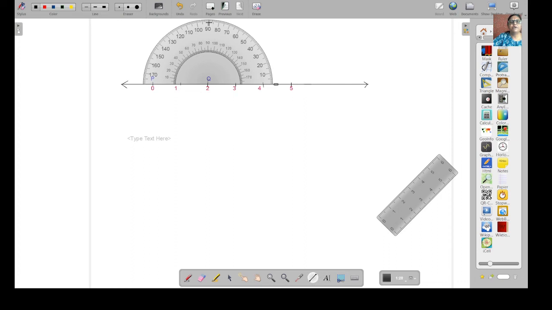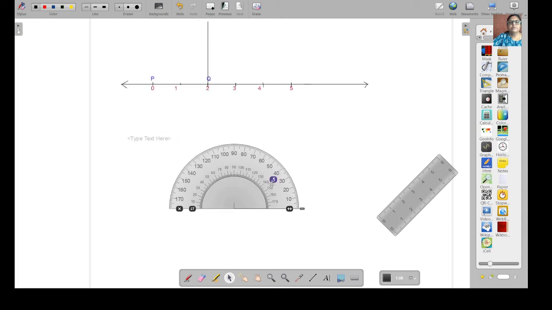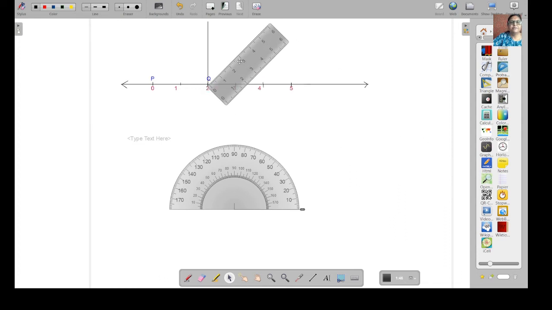You will get a perpendicular line to PQ from Q. So now this line is perpendicular to PQ. Mark 1 unit on that perpendicular line.